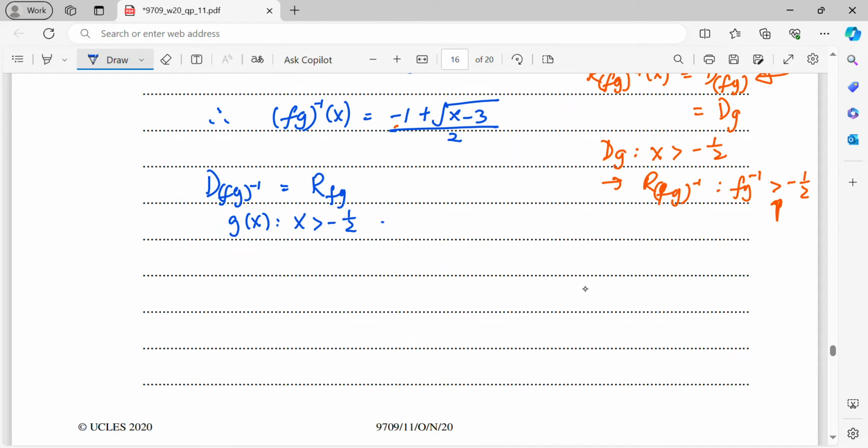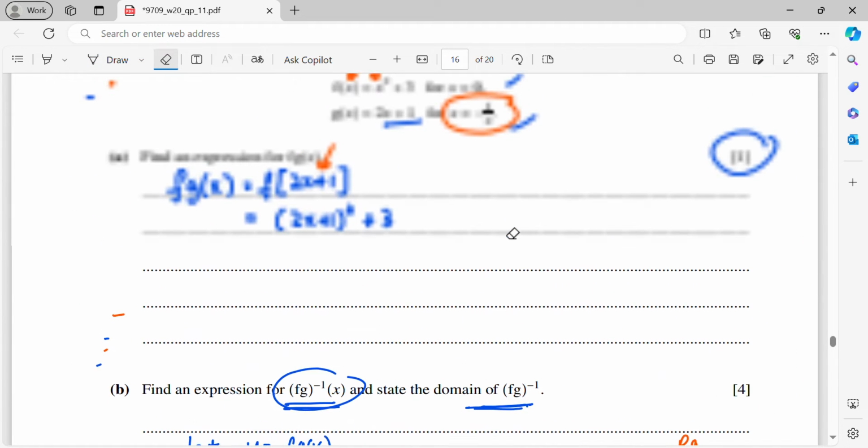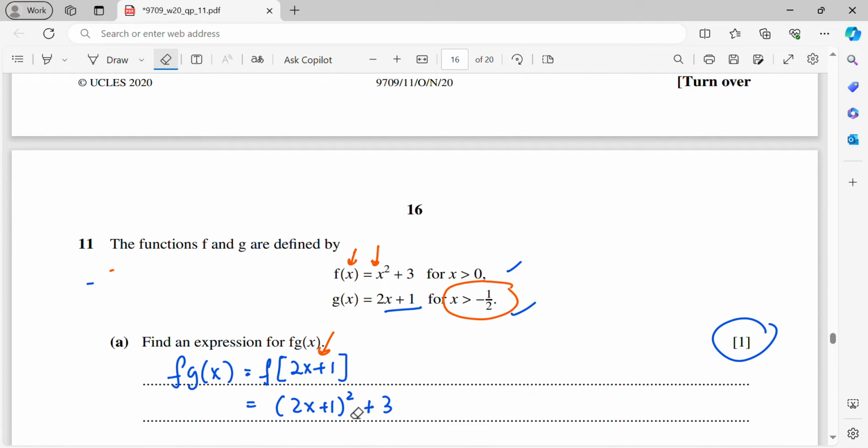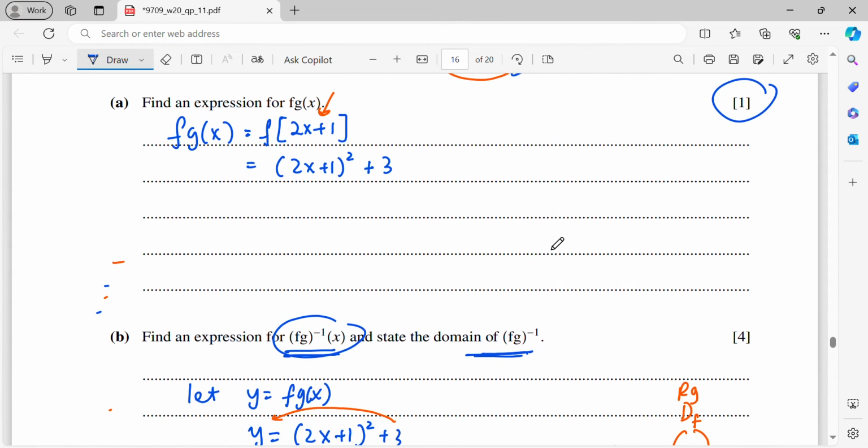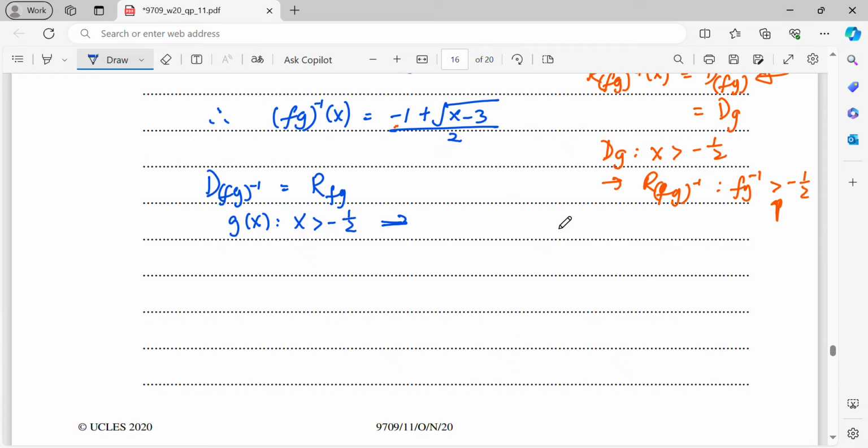Right, so what is my fg? So refer back to the fg. My fg is (2x plus 1) squared plus 3.